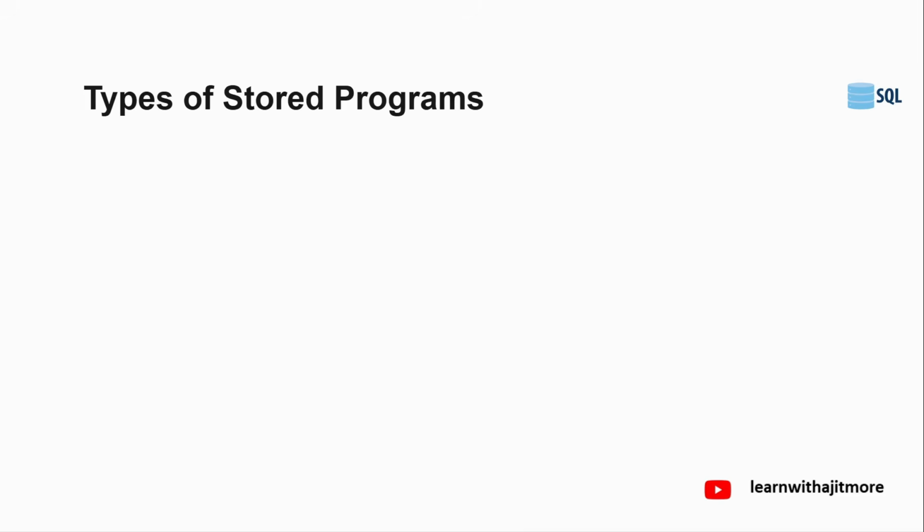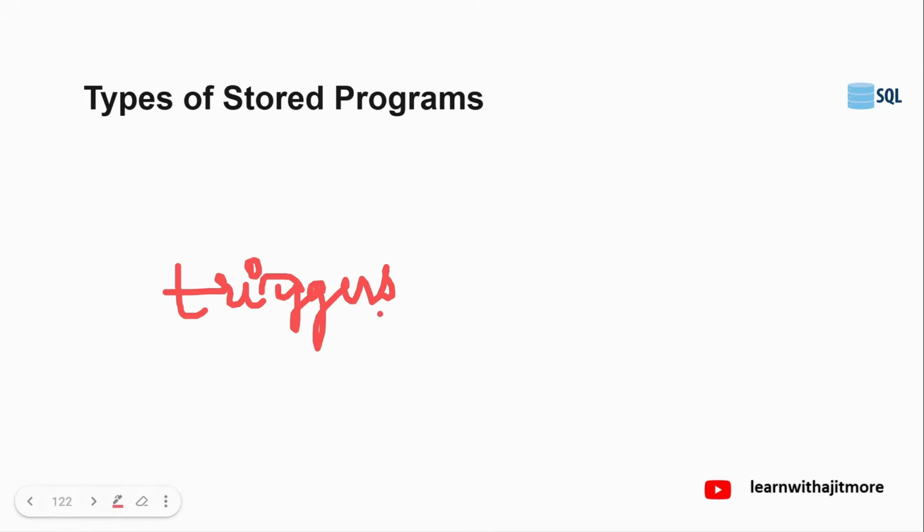Then there is a third type of stored program called triggers. This also we are going to learn. Triggers are also stored programs. Triggers also contain logic and are saved in the database.